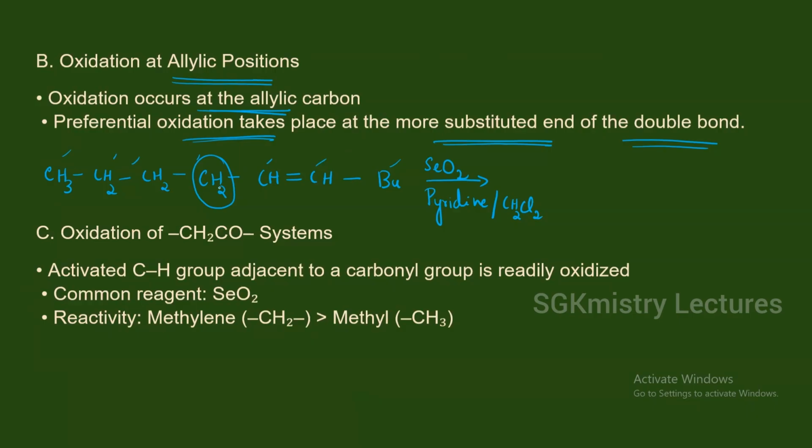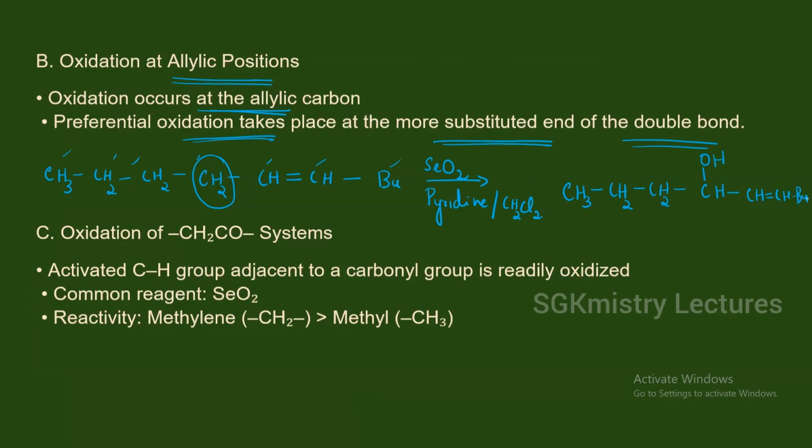So since I'm taking only one mole, one of the CH bonds will be converted to COH. So here you're going to get CH3, CH2, CH2. So here one of the CH bonds is converted to COH, and then we have the remaining things as usual, right? So this is what happens. This is how the allylic oxidation takes place since it has an activated CH group.